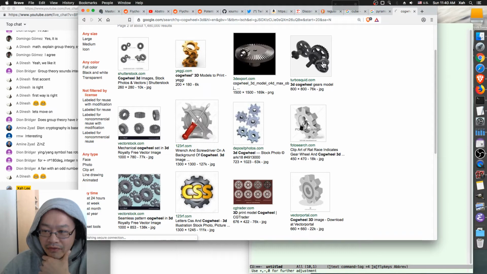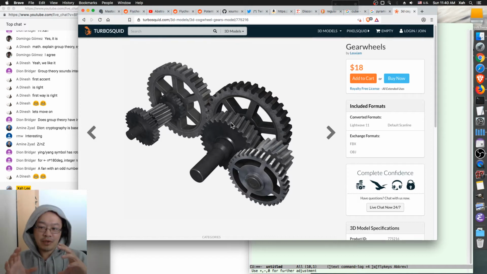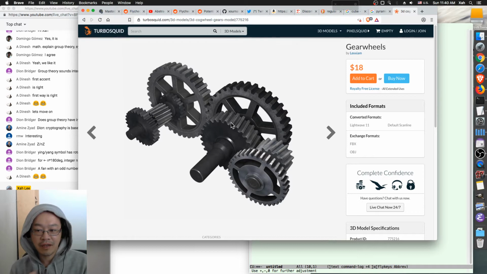There it is. Finally I found one. You see this thing here, this twisted wheel. This twisted cogwheel has rotational symmetry. Obviously, you rotate it a little bit and it becomes itself. However, it does not have mirror symmetry.